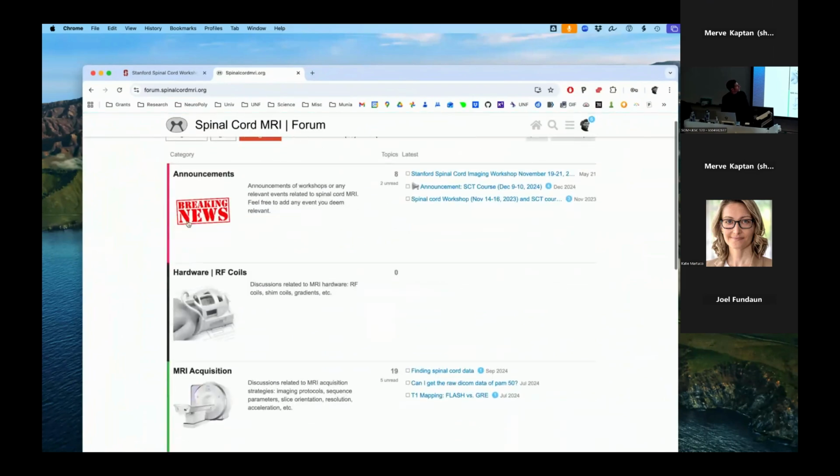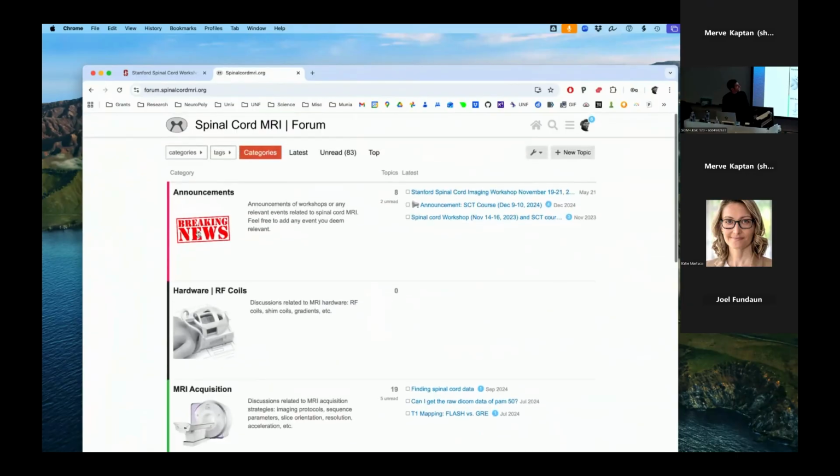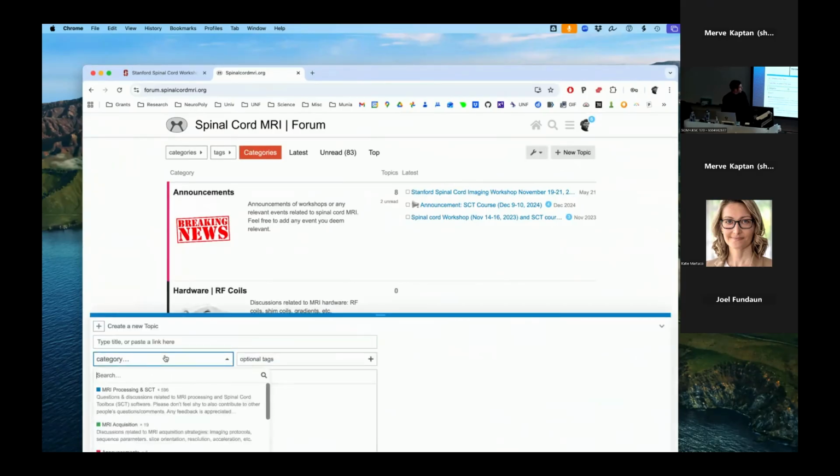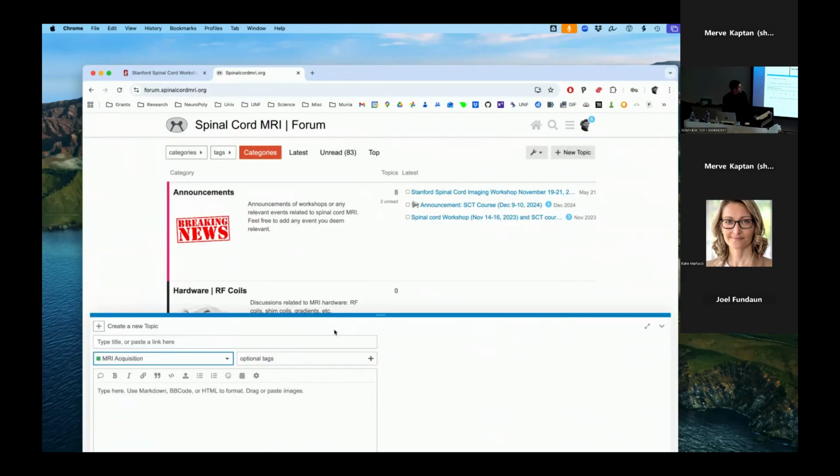Okay, so there are categories, as you can see, but there are also tags. If you want to create a new post, you can choose the category. It could be under MRI acquisition, but you can also choose tags, right? And tags, you can create them, or you can use the tags that already exist.